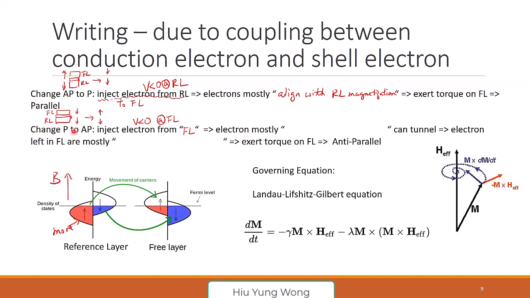Let's look at this figure. Do we have more electrons pointing down in the free layer or pointing up? Pointing down, right? You need to follow the magnetization.